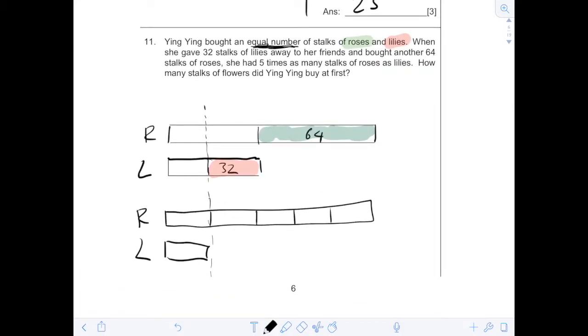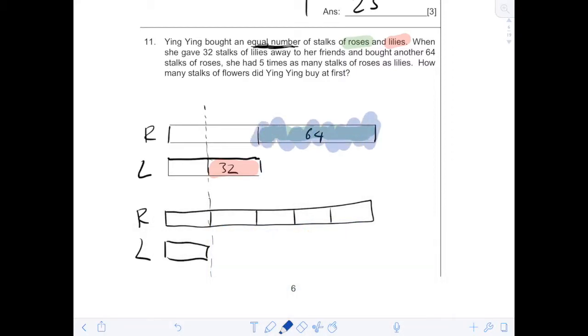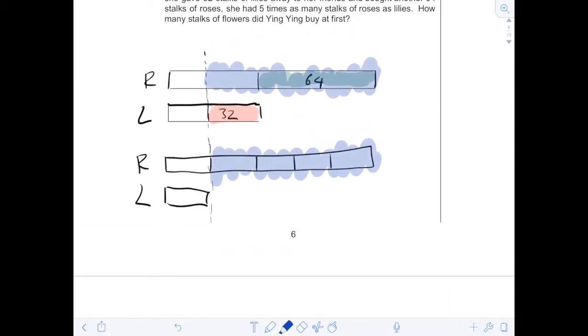From here it's very clear cut that if you notice, since you're going to compare, this portion, let me highlight in another color, blue, this portion here is actually the same as this portion here. And so the blue portion is actually this 64 plus this 32.